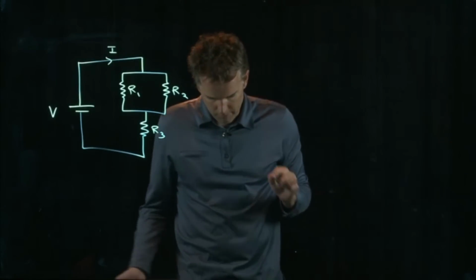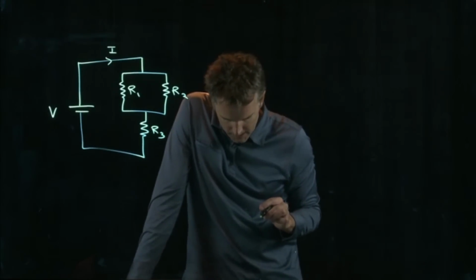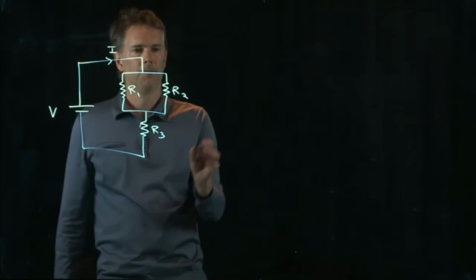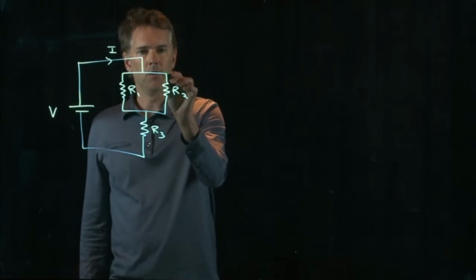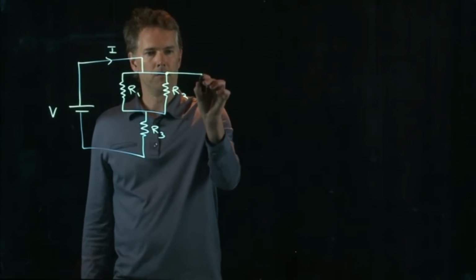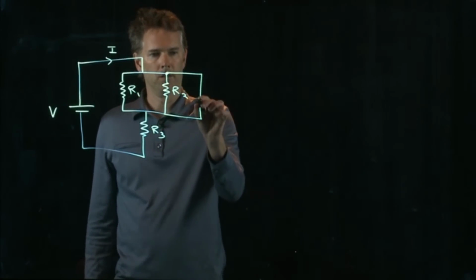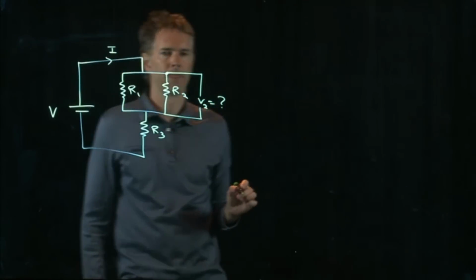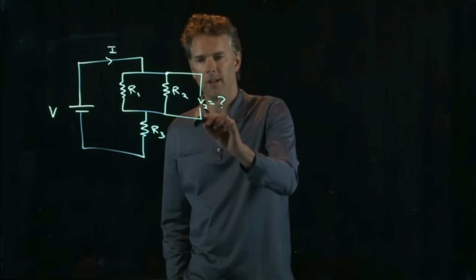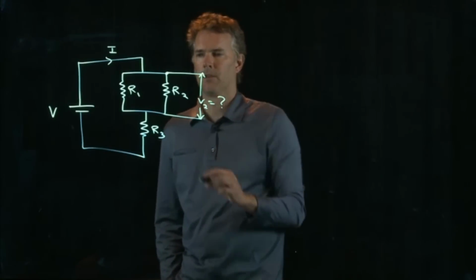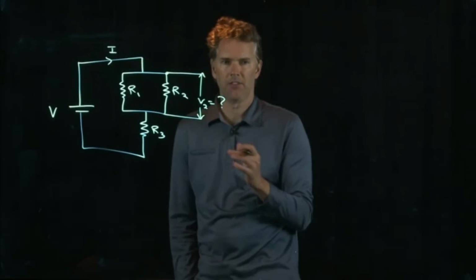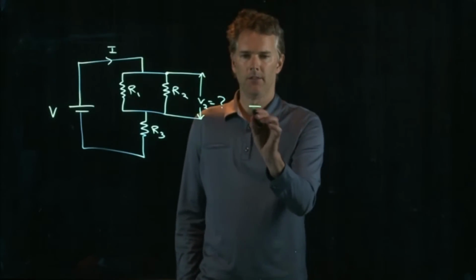And they want to know the voltage across the 820 ohm resistor, which is R2. So they want to know this voltage from there to there. And we'll call that V2. Okay, what is that voltage? Well, that's going to be the same as this.